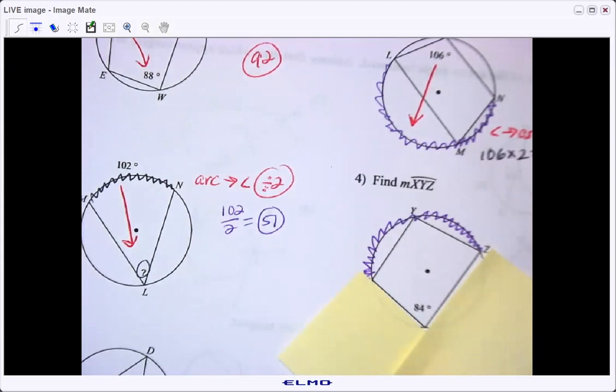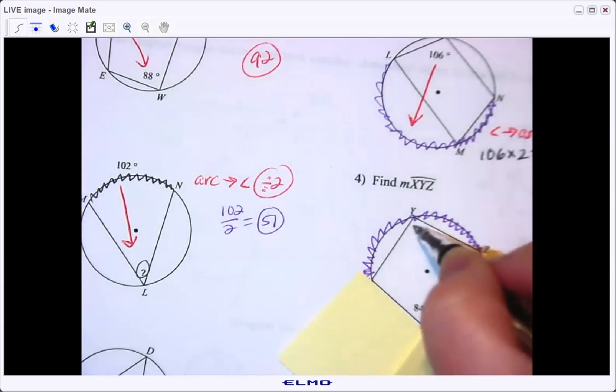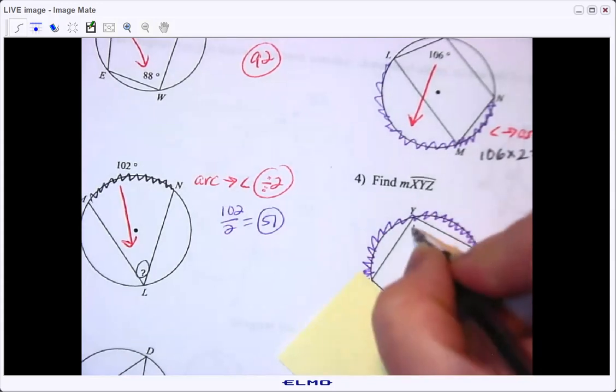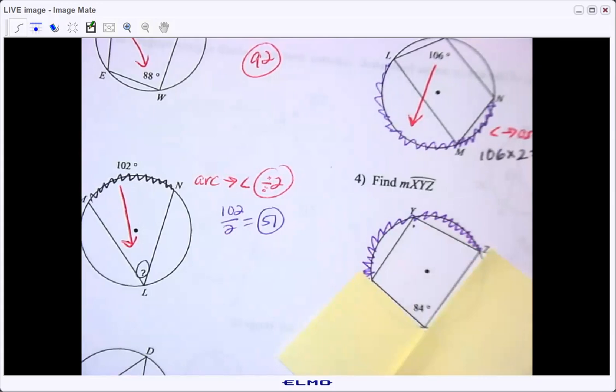It won't be 96. There won't be any of the equals 180s, the two angles, because the angle that would equal 96 would be this one. But that's not what they're asking for. They're looking for an arc. So ask yourself, are we going from arc to angle or angle to arc? That should help you. Good, we're going angle to arc.